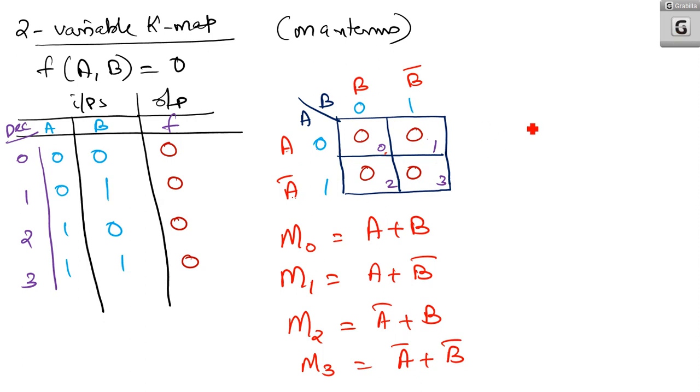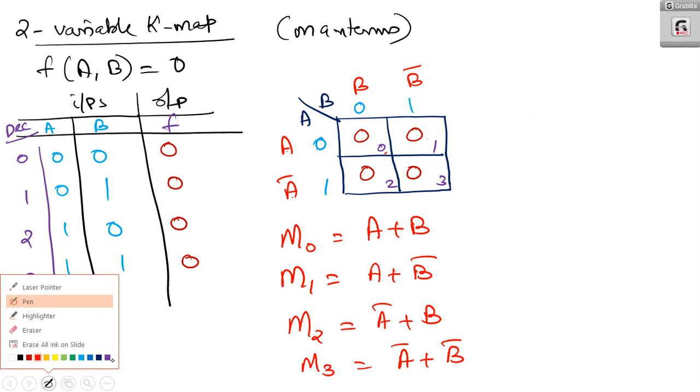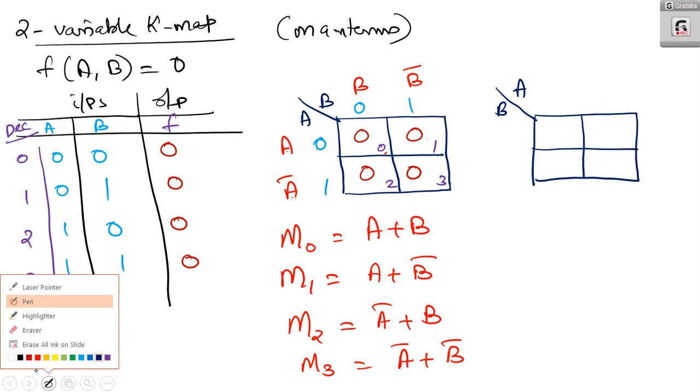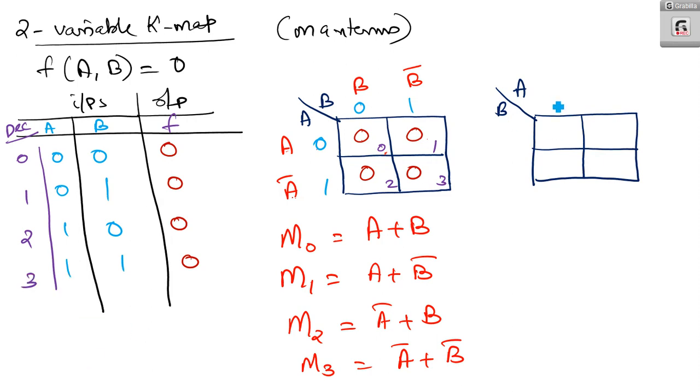Now if I write this same table in the reverse order, that means B comes on bottom and A comes on top, let us look how. So B is on bottom, A is on top, and A can take the value 0 and 1, B can take the value 0 and 1.